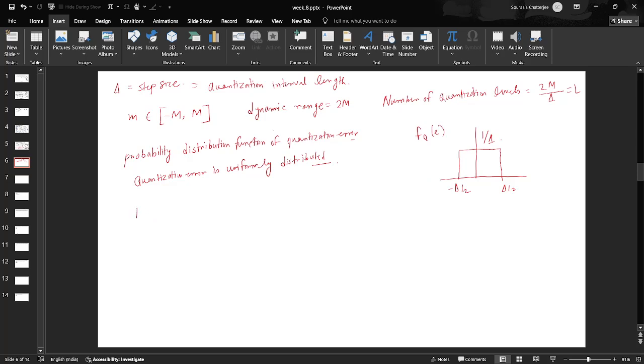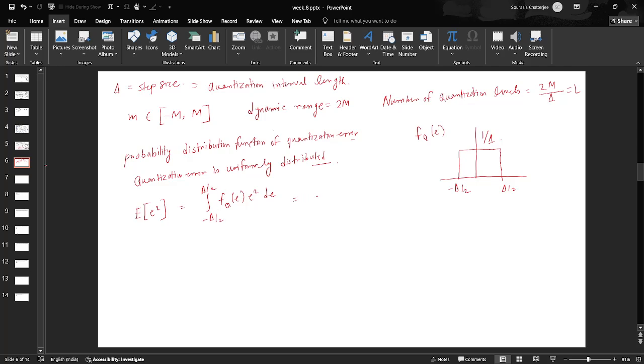Then I plan to compute the expected value of the squared value of the error. So what do I need to do here? Basically I need to integrate the product of the PDF with the square, and my integration limits are minus delta over 2 to delta over 2.